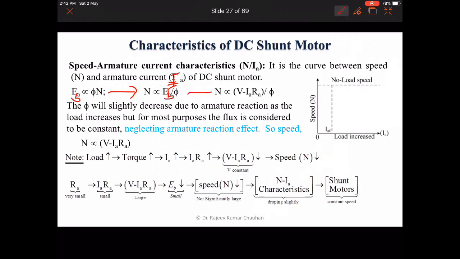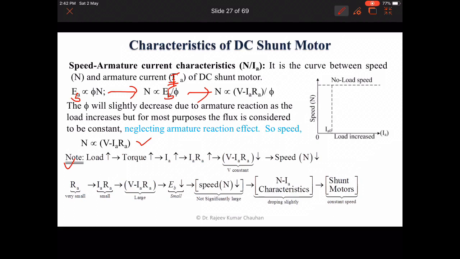So we can write N is proportional to V minus IA RA divided by phi. Phi is slightly decreased due to armature reaction as the load increases, but for most purposes the flux is considered to be constant. So neglecting the armature reaction effect, the speed N is proportional to V minus IA RA.